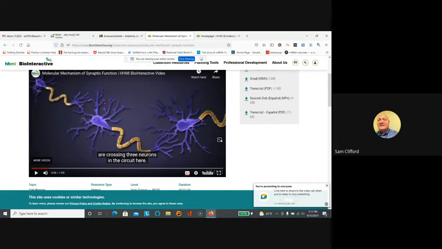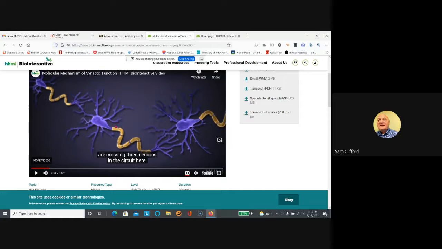So what you should know is that this is a cell body. These are called nerve processes. These are dendrites. This is the cell body or soma. This is a Schwann cell, which is a cell that grows around the axon. These little gaps are called nodes of Ranvier.